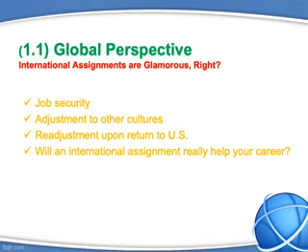Okay, global perspective. Here there are four main points to be considered. First, job security. Second, adjustment to other cultures.